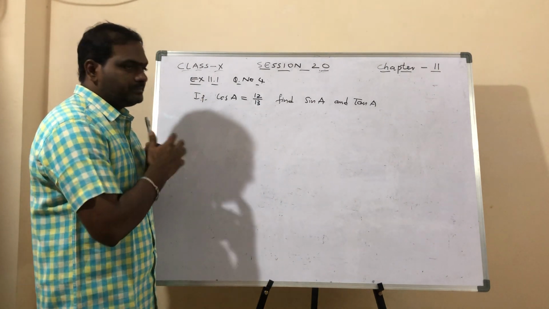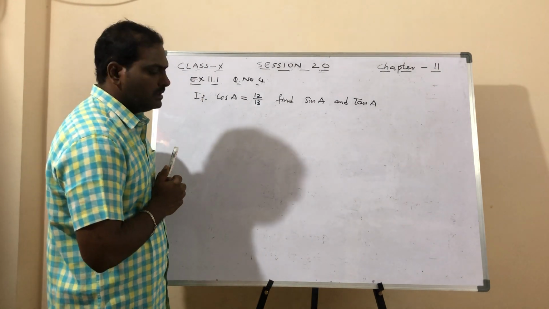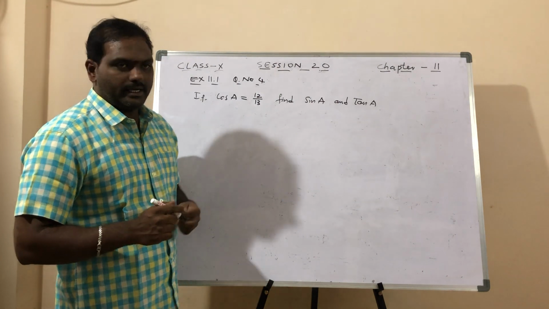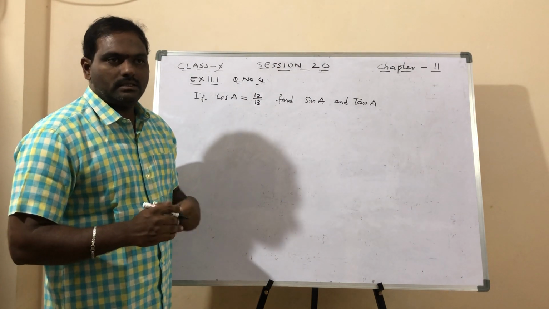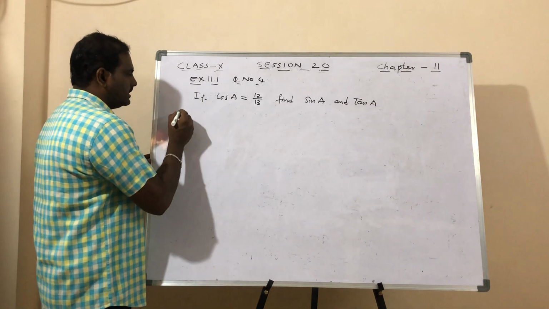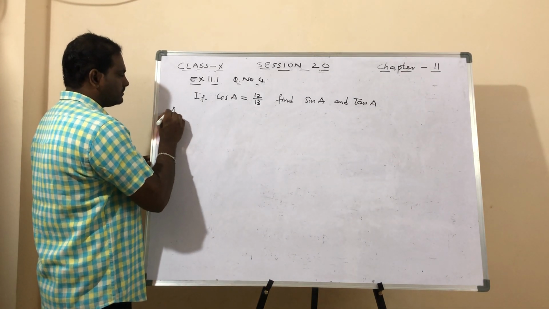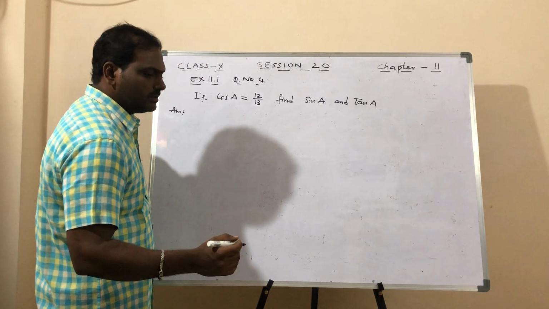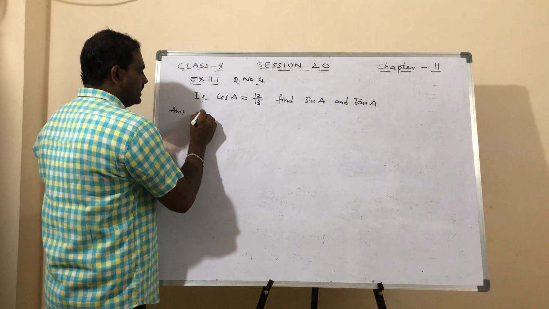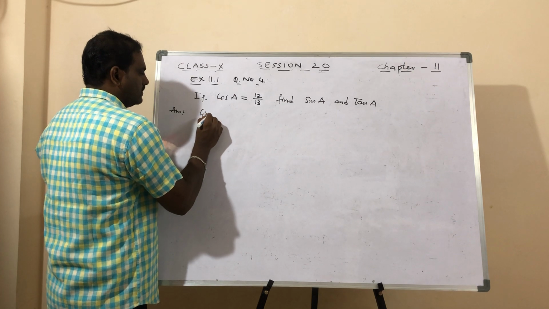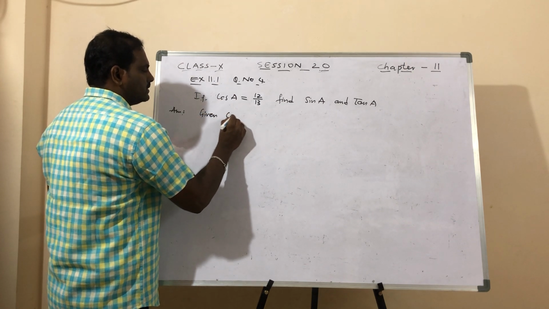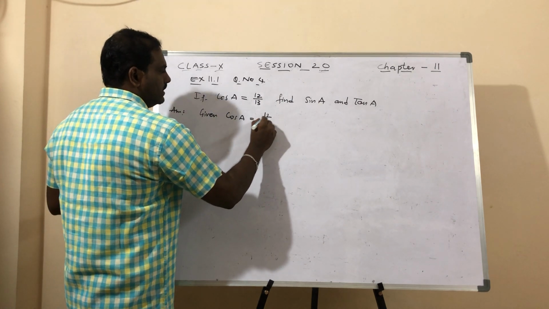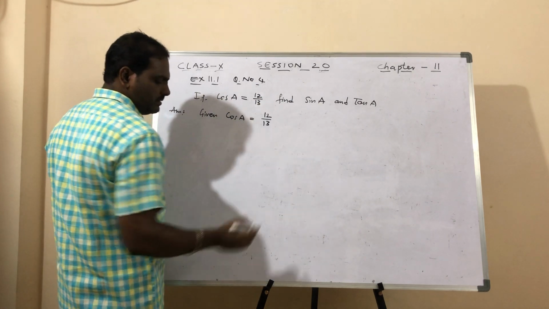This time the triangle is not given, and we have to find sin A and tan A. In this case, how to do it is very simple. We have to write the triangle. I'll show you how to write the triangle. Given cos A is equal to 12 by 13, right?